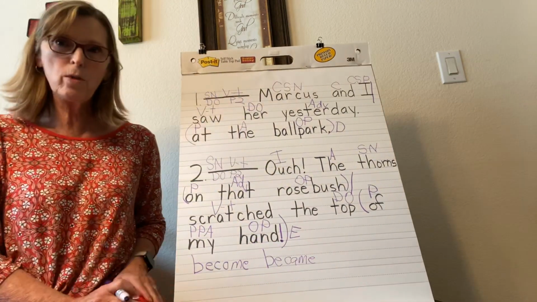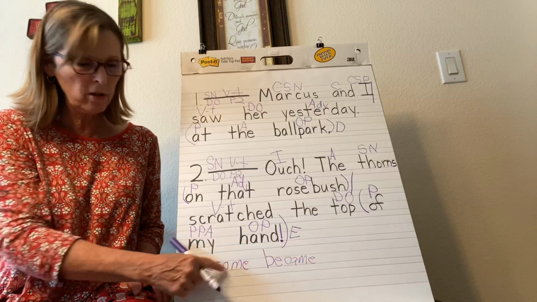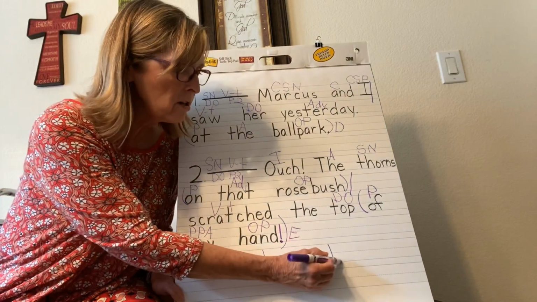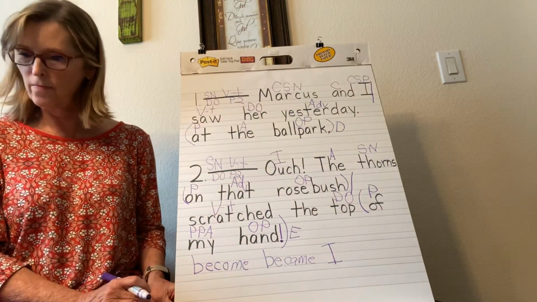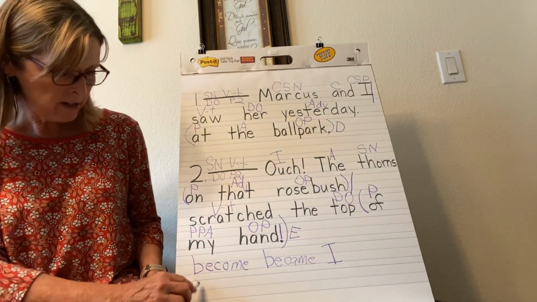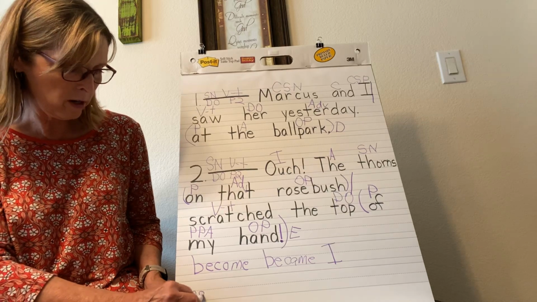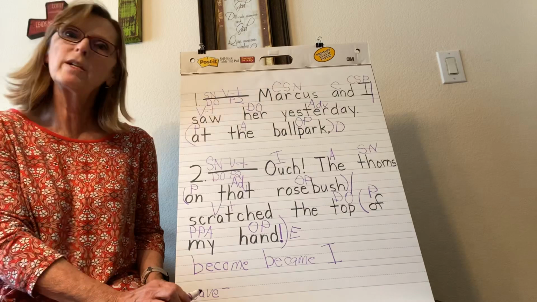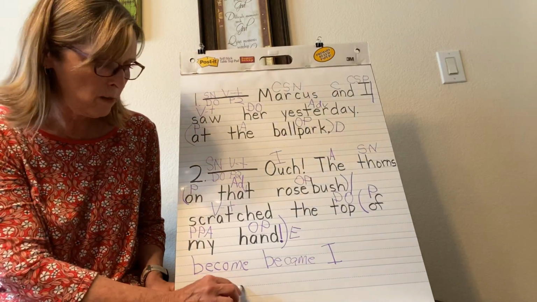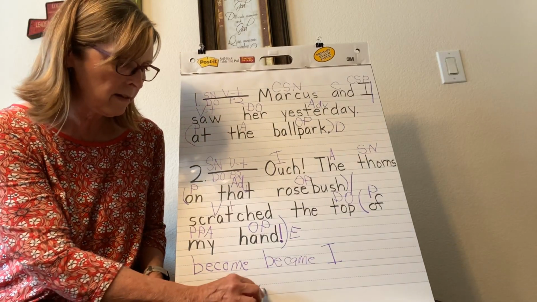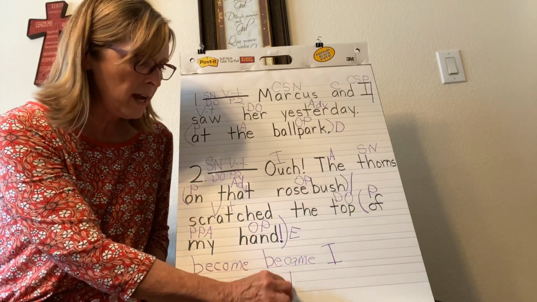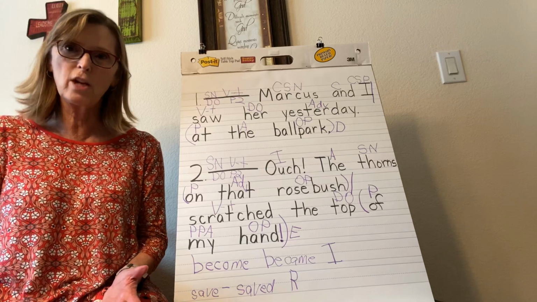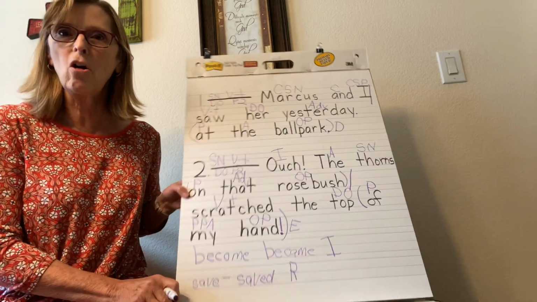So remember, when you have to change the word to a different word without just adding an ending, that's called an irregular verb. Irregular. If the second verb we're going to look at is the word save, and I ask what is the past tense, and you tell me saved, that would be a regular verb. Regular means you didn't have to change the spelling of it at all.